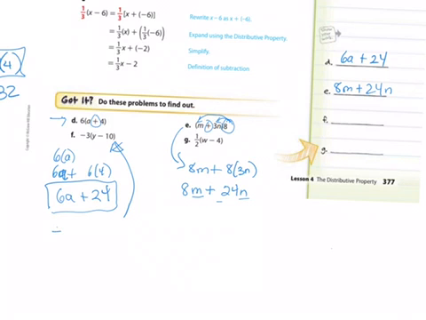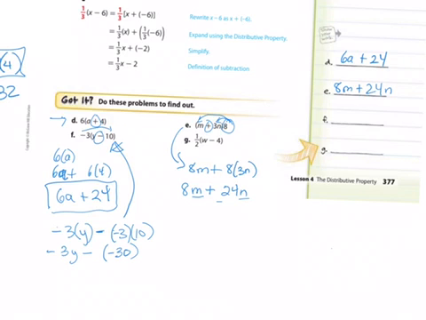Next, we have F. We would have a negative 3 times y, and our operation's a minus, and then we'd have a negative 3 times 10. When we write that out, we have a negative 3y minus a negative 3 times 10, which is a negative 30.